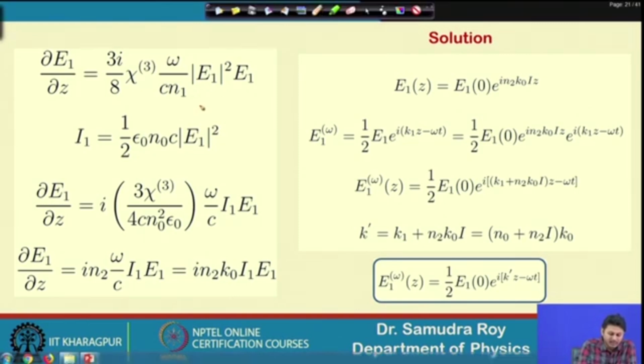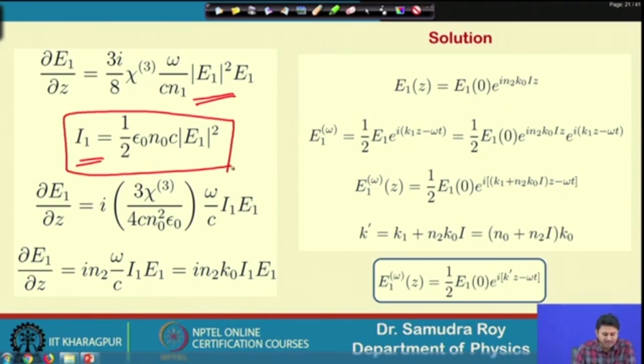So, mod of E1 square I can write in terms of intensity, and if I replace this intensity with our famous equation, then eventually we will have del E1 by dz is i into k0 n2 I E1. So, my equation becomes quite simplified, and this simplified equation should have a solution. If I find this solution, it will be simply E1(z) is equal to E1(0) e to the power of i n2 k0 I z.